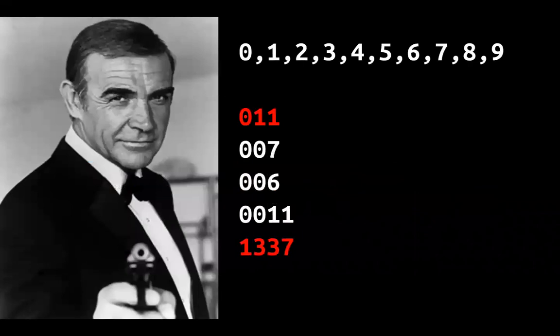So let's think about a simple language. Say we wanted to define a language over the alphabet 0 through 9, so we're just looking at numbers, and the language we're looking at is names of spies who have a license to kill.